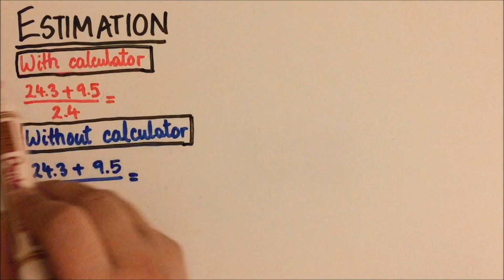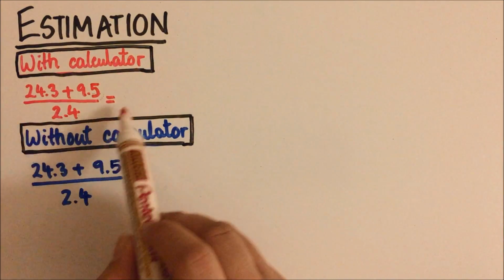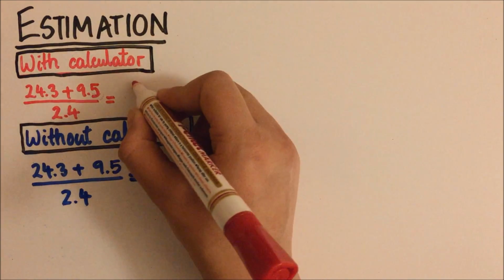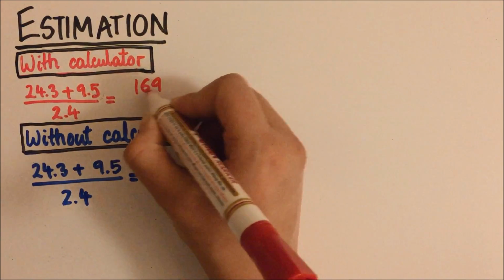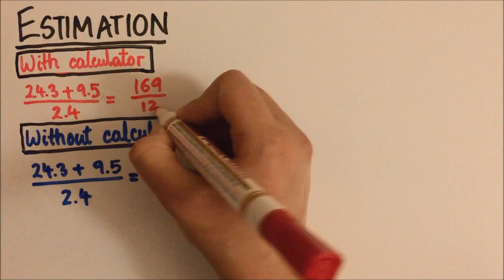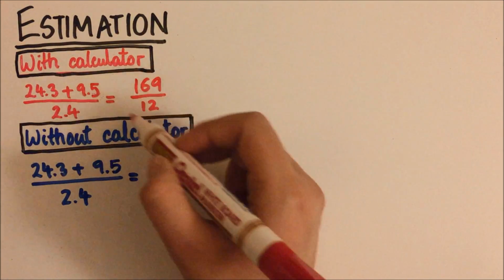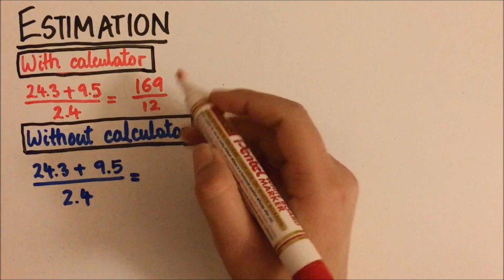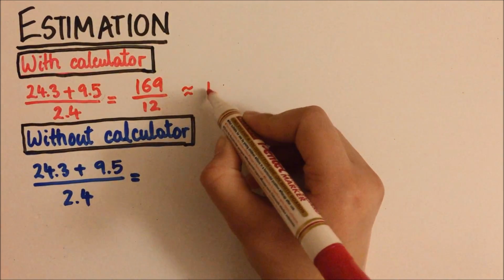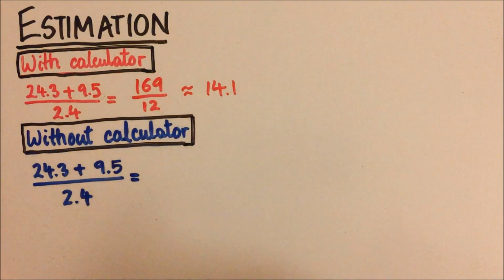So let's start off with the calculator first. If you put this into the calculator, the answer that you'll get is 169 over 12, and that's as a fraction in terms of its simplest form. And this fraction is approximately 14.1 in terms of decimals.